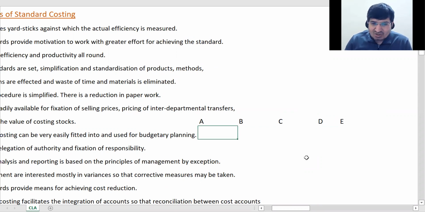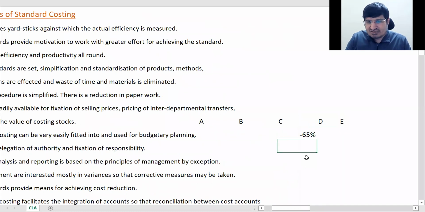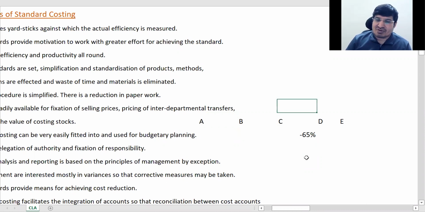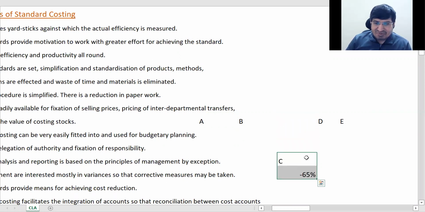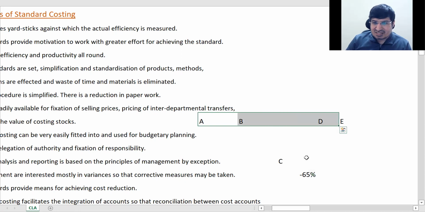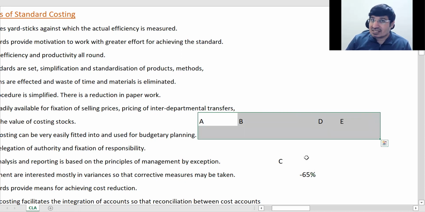Here say C is going down by 65%. All the others are within 10%, either up or down. But C is down by 65%. So C will be reported to the top management, because it is an exception.